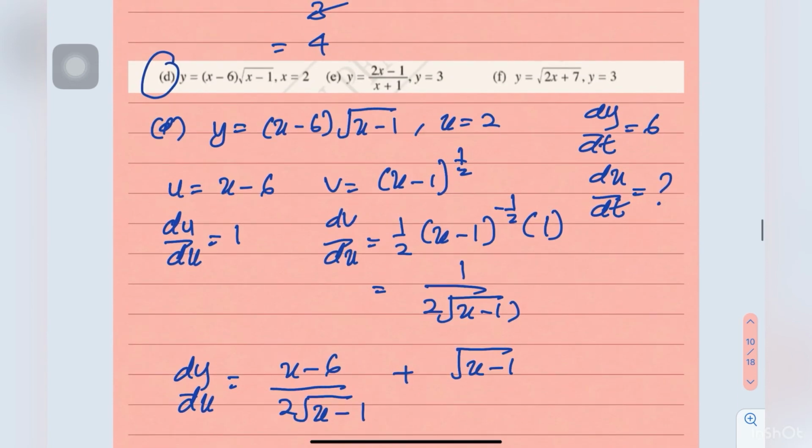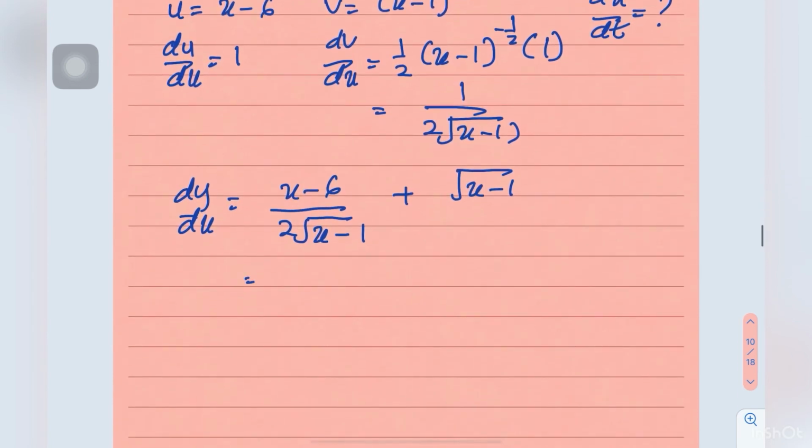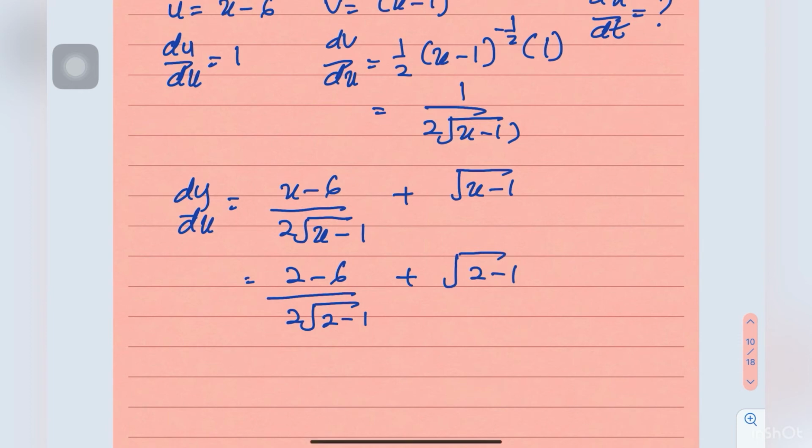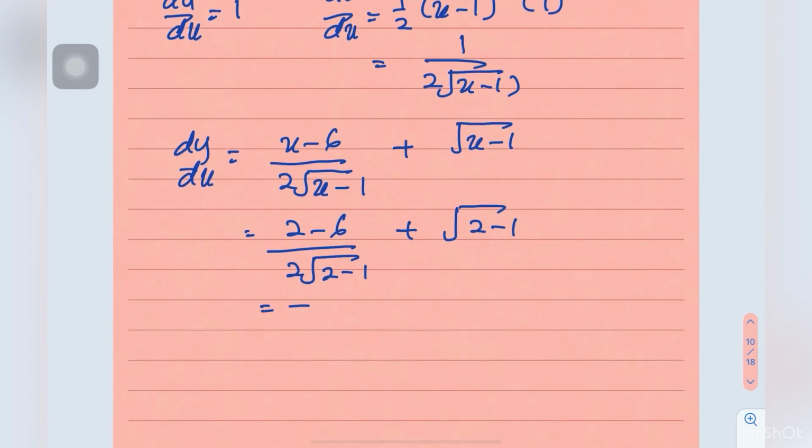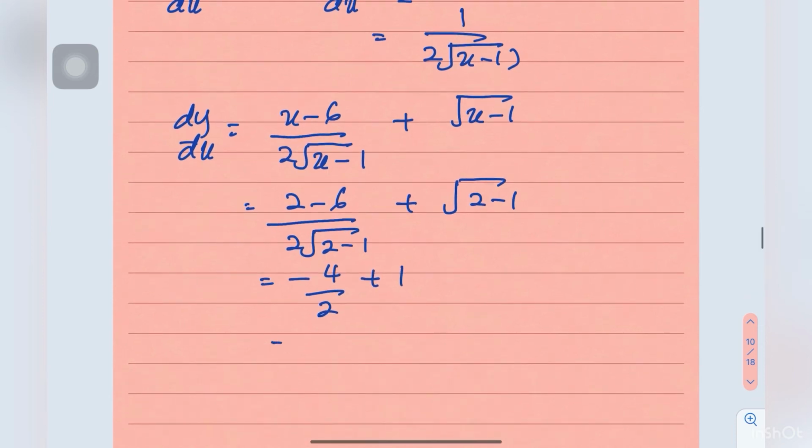Then x is 2. So we substitute: 2 minus 6 over 2 times square root of 2 minus 1, plus square root of 2 minus 1. So this one we have negative 4 over 2, plus 1. So it becomes negative 1.